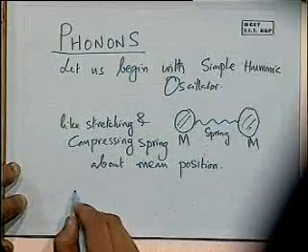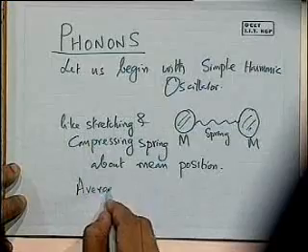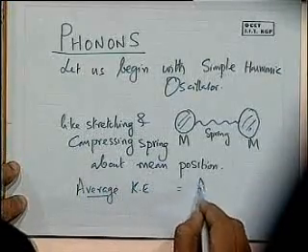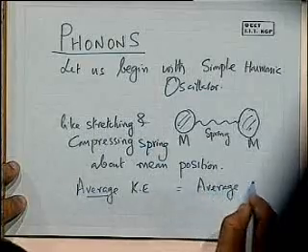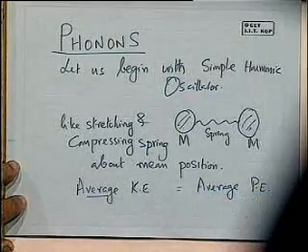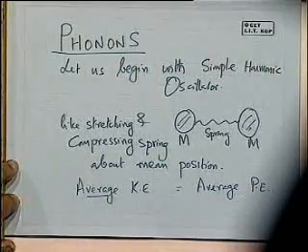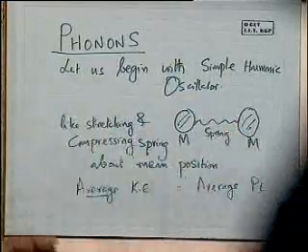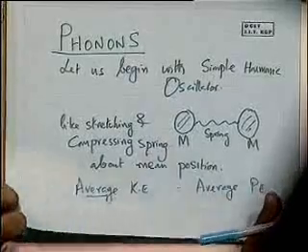In this case, average kinetic energy and average potential energy are the same. Okay? It changes between kinetic and potential, but on average, the kinetic energy and the potential energy are the same.